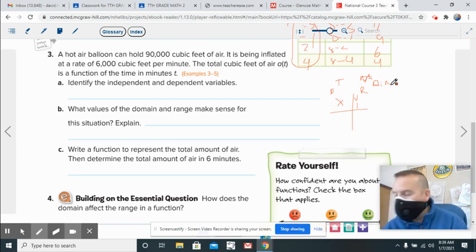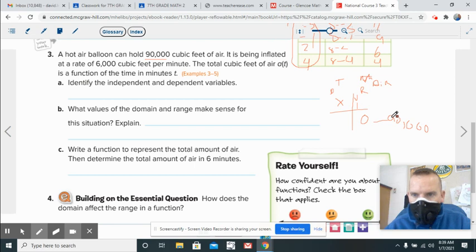So again, the domain has to be any positive number because between 0 and what's the max? 90,000, not 9,000. Any number between 0 and 90,000 makes sense, right? Because you cannot hold more than 90,000 cubic feet of air in your hot air balloon, and you cannot go below 0. It's not possible to have a negative amount.